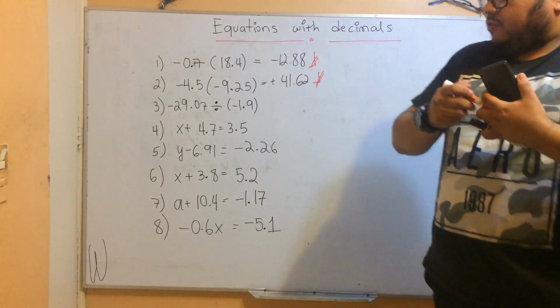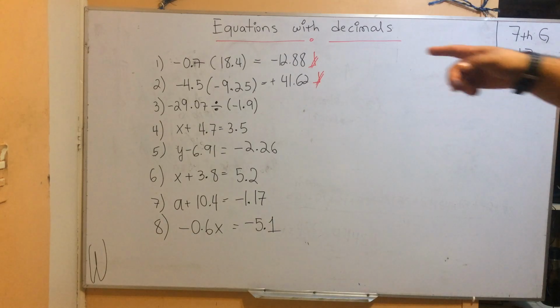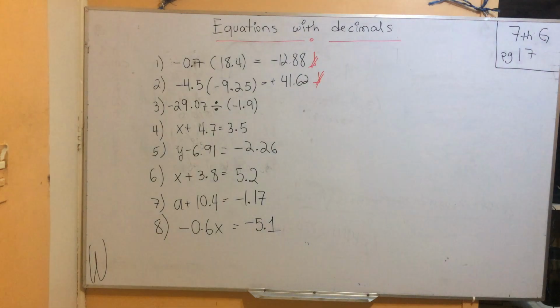Let's work the third one. The third one is a division, so here we just need to divide. We take our calculators: negative 29.07, and negative divided by negative, the answer is going to be positive. We have to remember the rules.